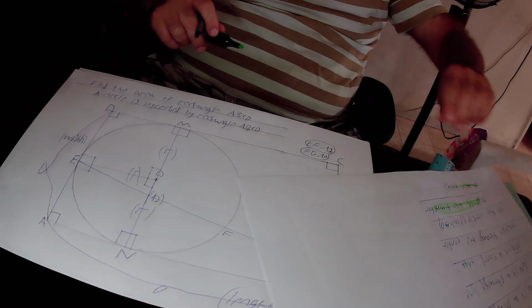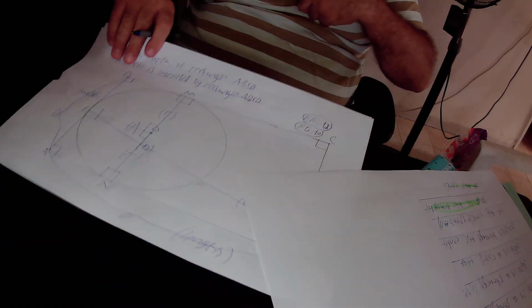So write it down. Here, MN is the diameter of the circle.